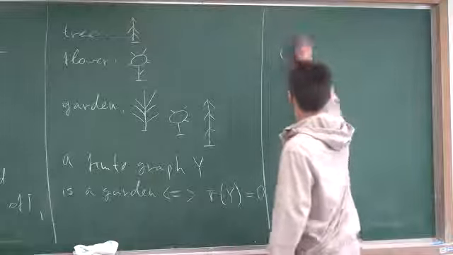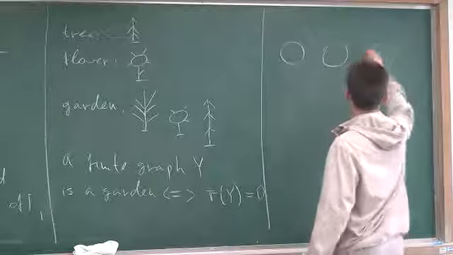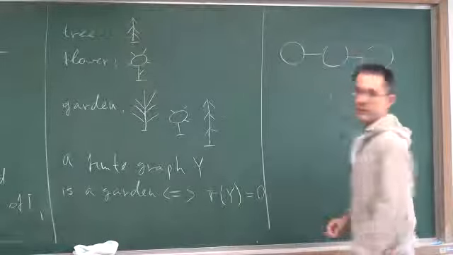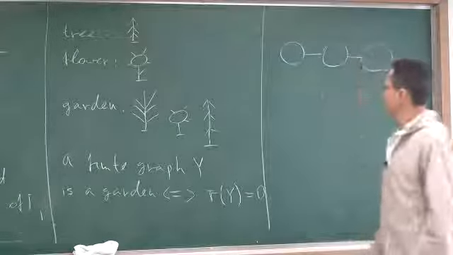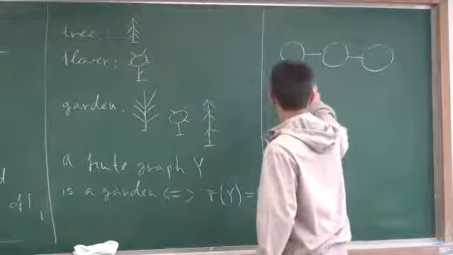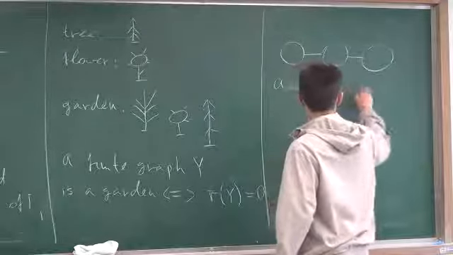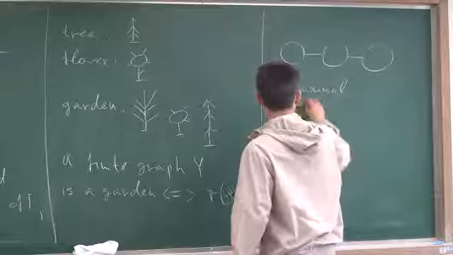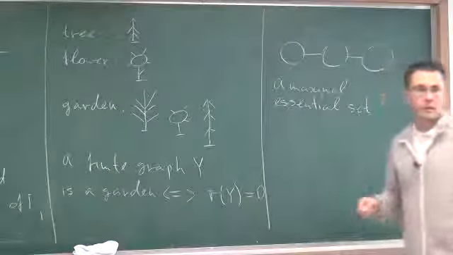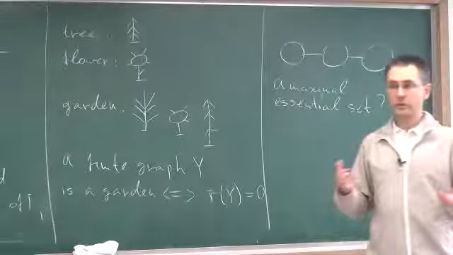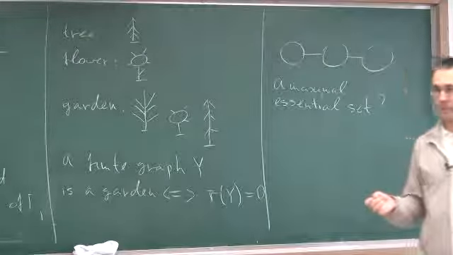So let's take this example, a graph like this. It has 3 circles connected to each other. So what would be a maximal essential set? It's not uniquely determined, right? There are many choices of maximal essential sets.